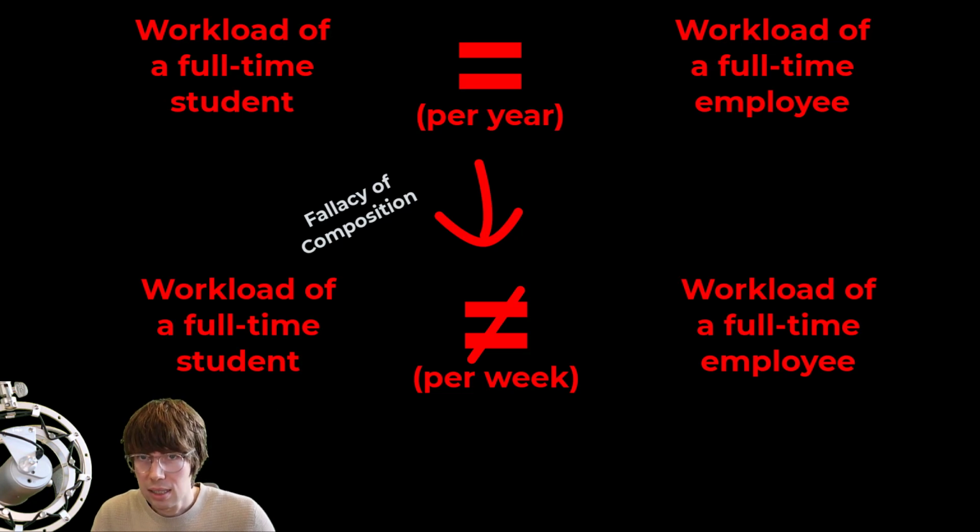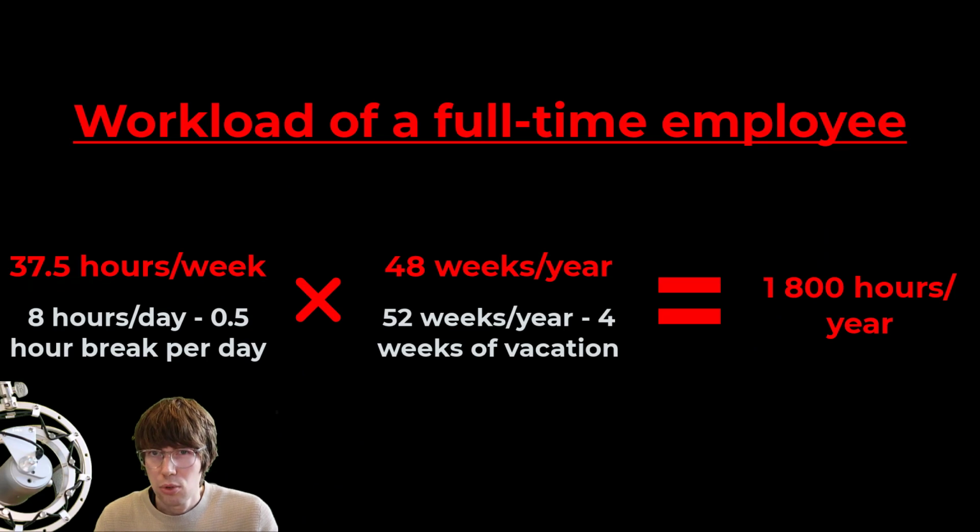Now that is the main gist of the argument. But let me just give you more details here, because this problem is far worse than many actually realize. So let's just get into this. First of all, how much does a full-time employee actually work per year? Since I'm teaching in Norway, we're going to take the perspective of Norway.